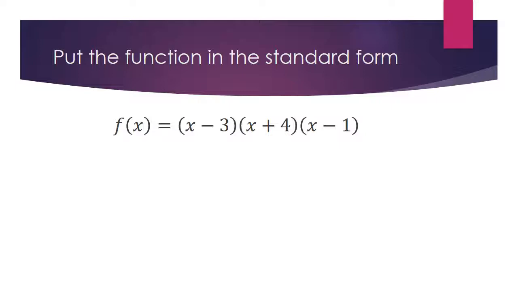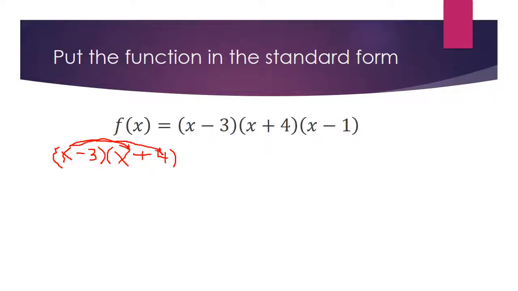So we learned in the past that we can take the first two binomials and multiply them by each other. So I'm going to take x minus 3 times x plus 4, and I'm going to work with that first. We use double distribution to multiply binomials.